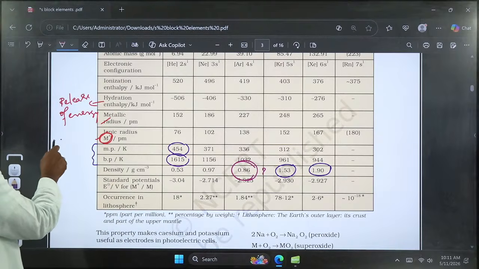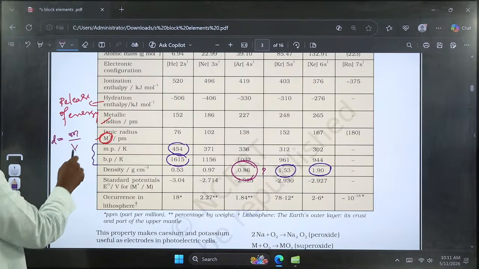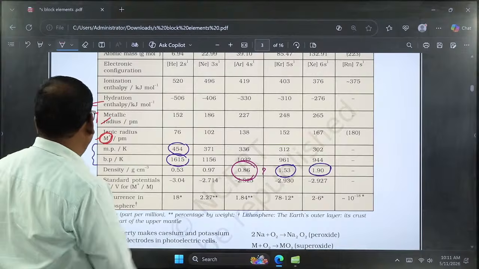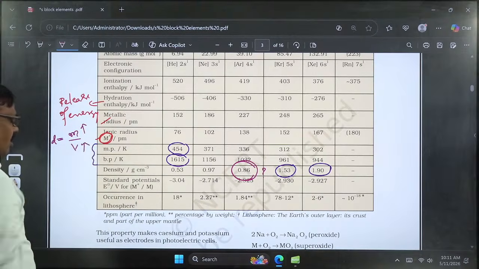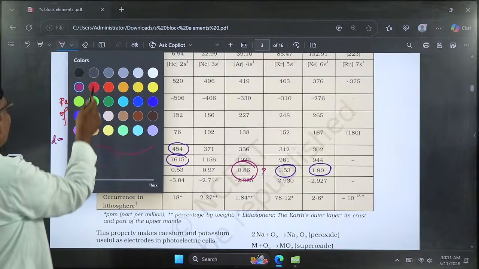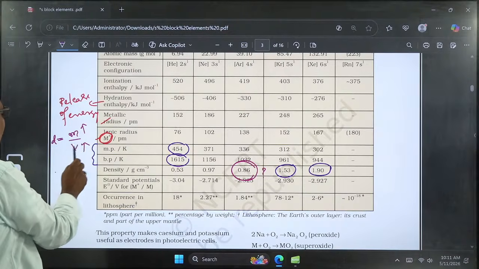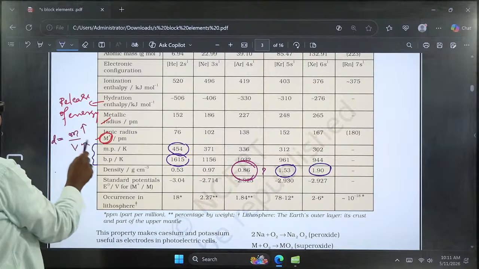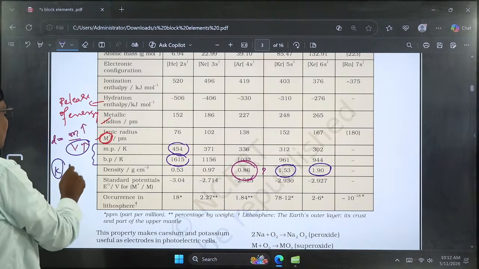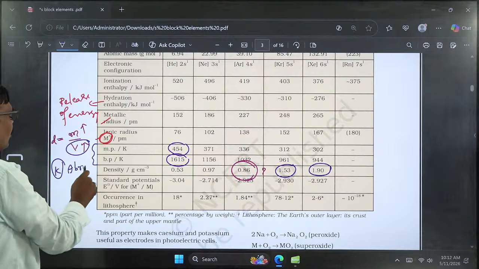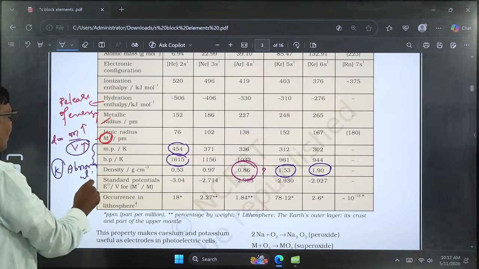because density is measured by using the formula mass by volume. So from lithium up to cesium, atomic mass increases, atomic volume also increases. But in case of potassium, there is an abnormal increase in volume.